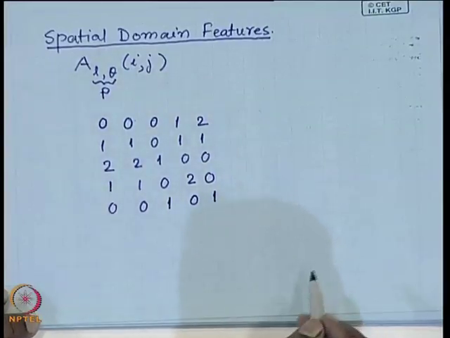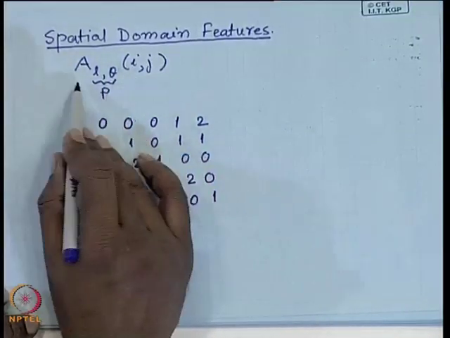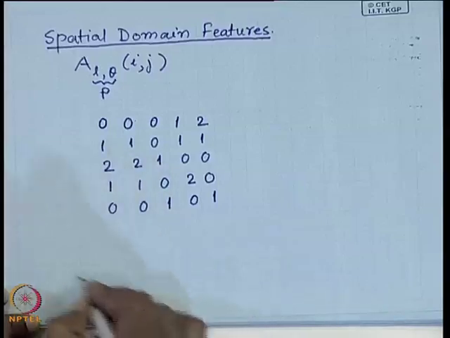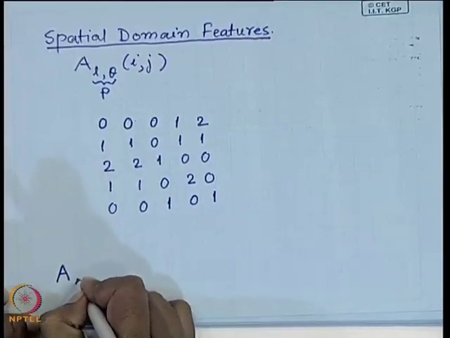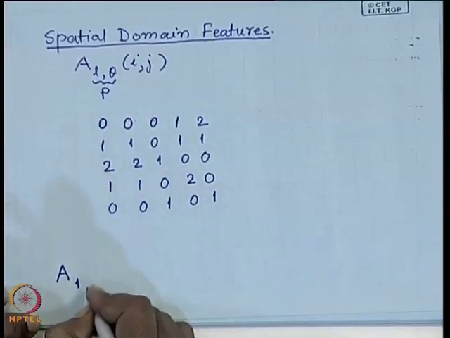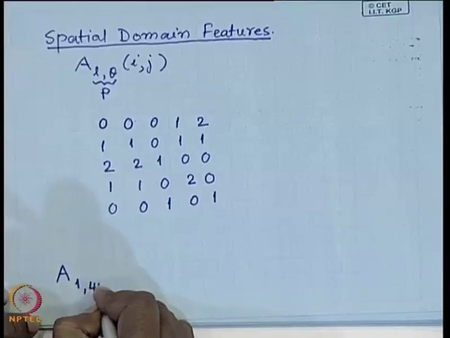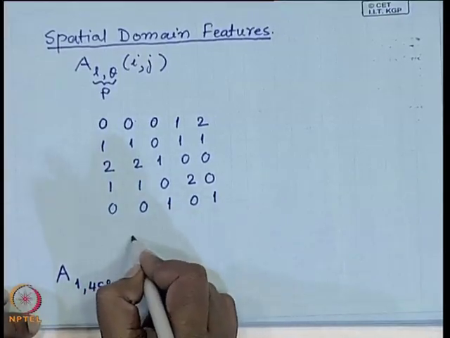Suppose this is my sample image and I want to determine this particular matrix A, and suppose the value of L is 1. That means I have to find out the intensity value pairs at distance 1 and at an angle of 45 degrees. So how will this matrix be?